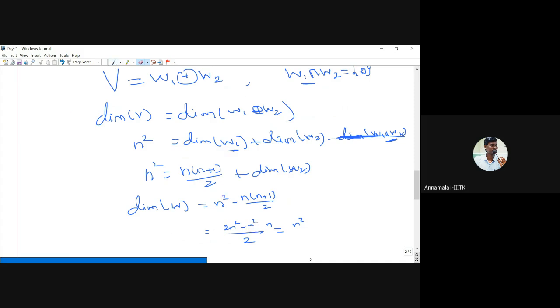So we get n square minus n by 2. We can take n outside, we get n into n minus 1 by 2. So this is the dimension of the set of all skew symmetric matrices. This is also very important. Sometimes they will ask what is the dimension of skew symmetric matrices. So n into n minus 1 by 2 is the dimension.